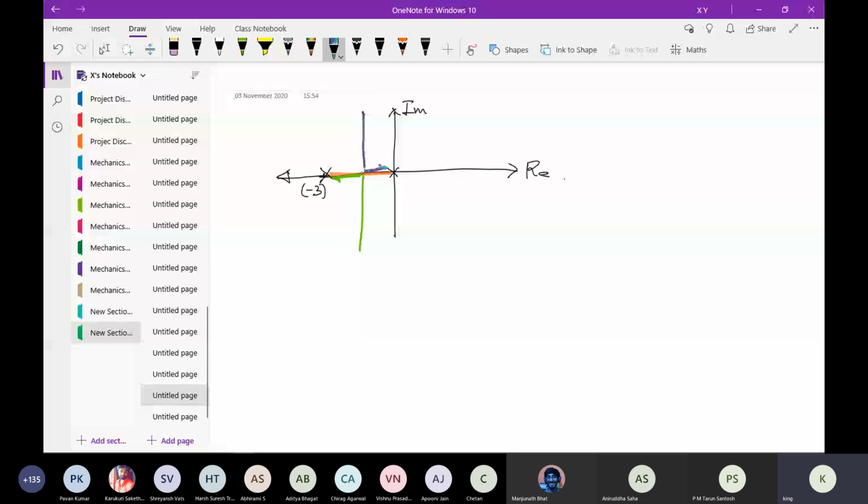Only thing is, some of the zeros are away there at infinity, very far away. So not only can we not see them, not plot them, they also don't affect the behavior of the root locus.